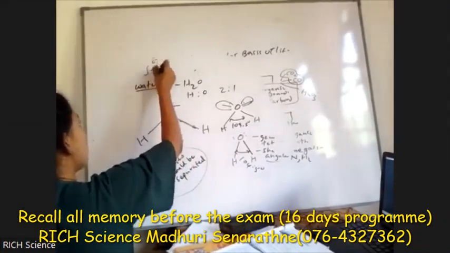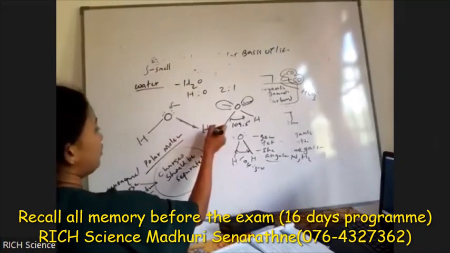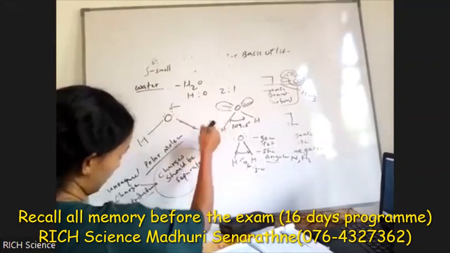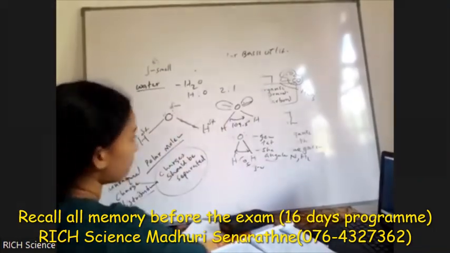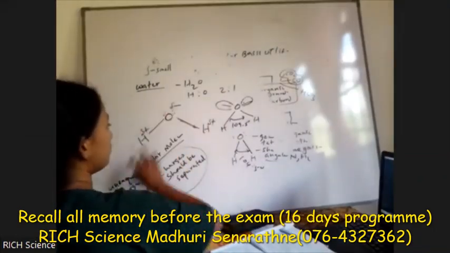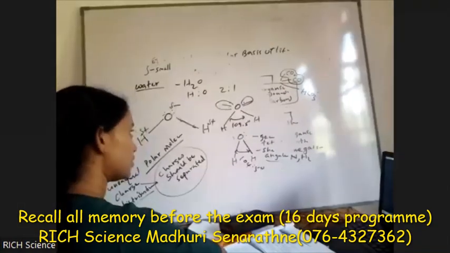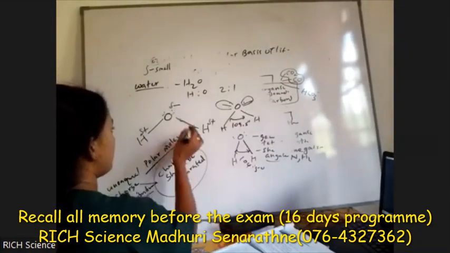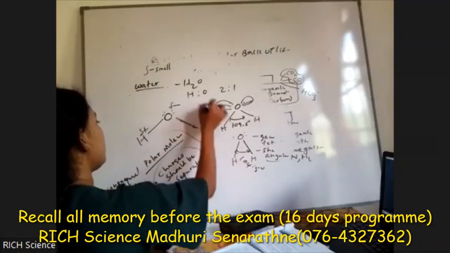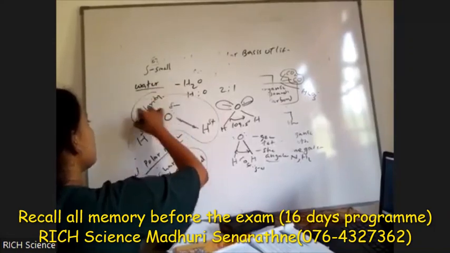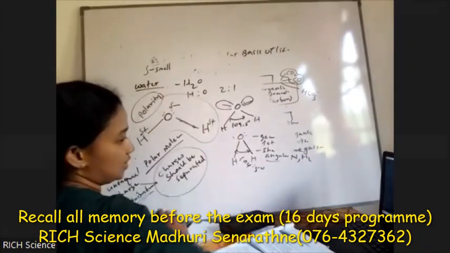Delta means a small value. Hydrogen, with electrons pulled towards the oxygen, is delta plus. Okay. So you can see unequal charge distribution. Charges are separated. This behavior is known as polarity. So water is a polar molecule.